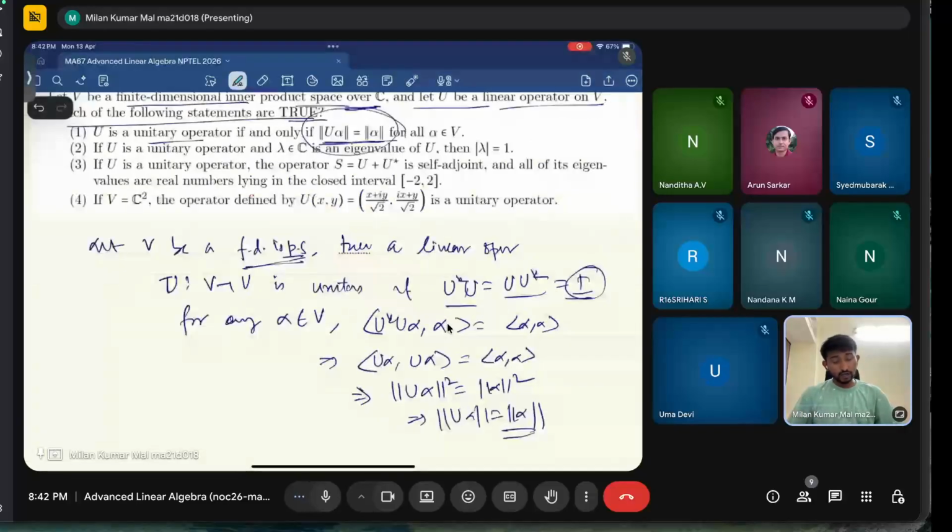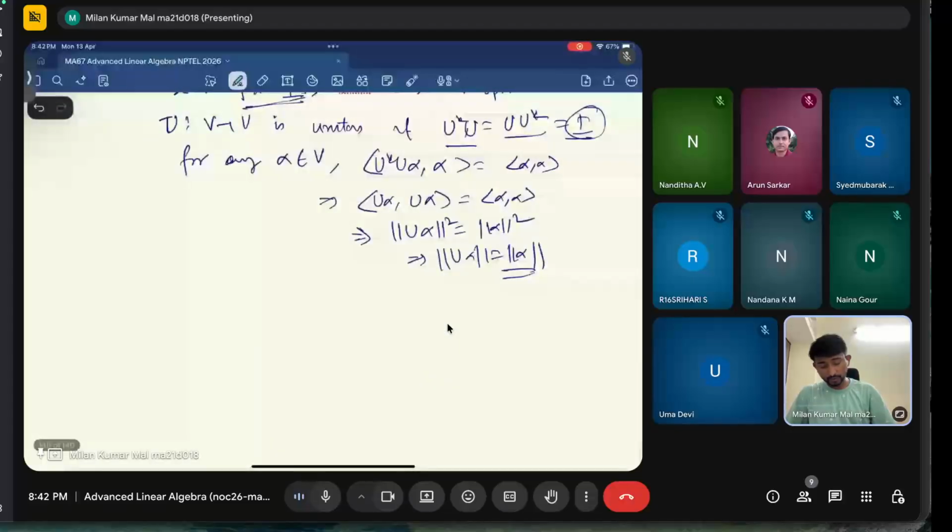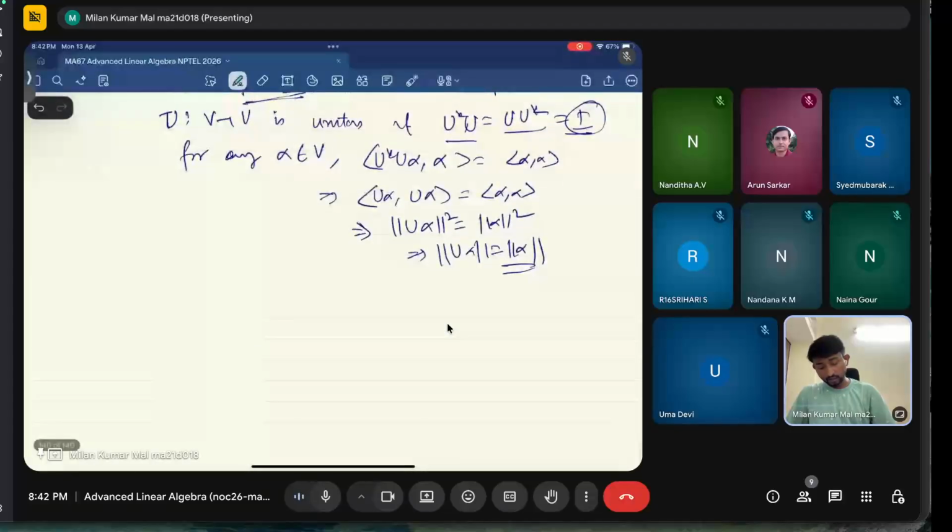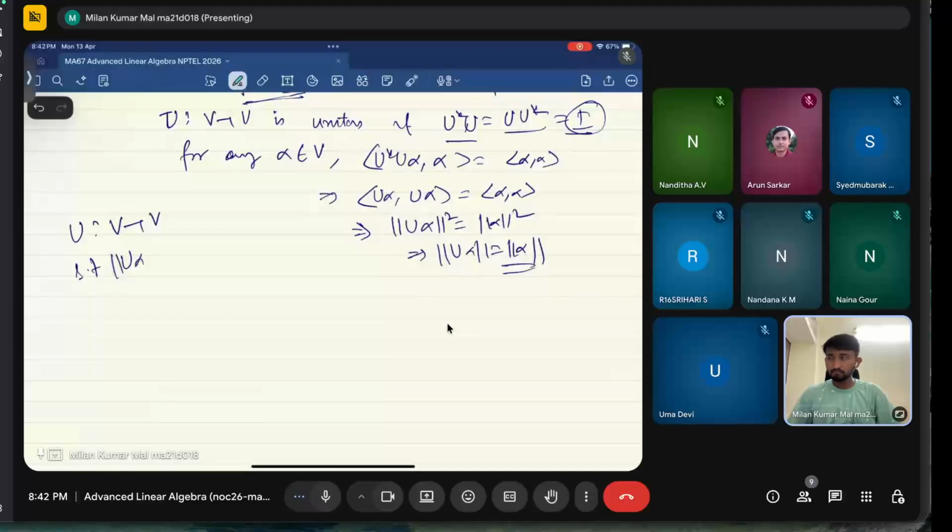Why is this fact true? Because if you have an operator U from the vector space V to V such that norm of U alpha is equal to norm of alpha, then U is injective. Why is it injective?